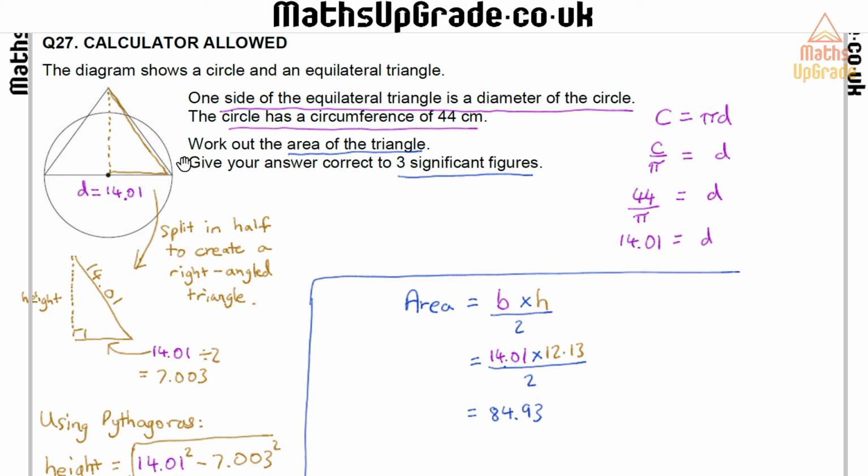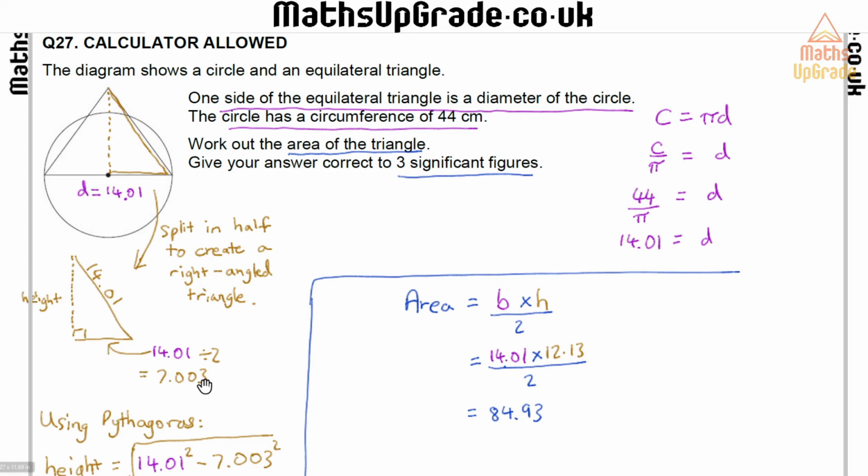Now, since this triangle is equilateral, and I know that the base is 14.01, I also know that this side here is 14.01 because it's equilateral. So now I know the hypotenuse in this right angle triangle, and I know the base.